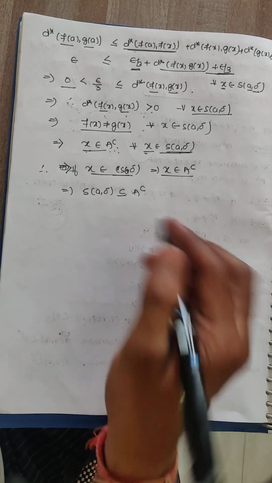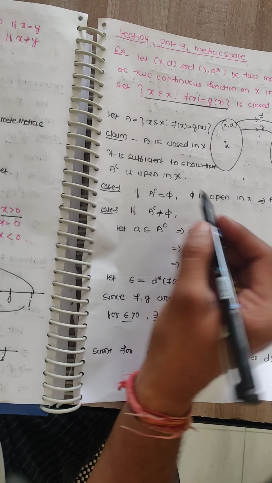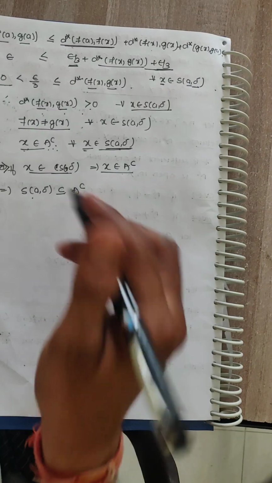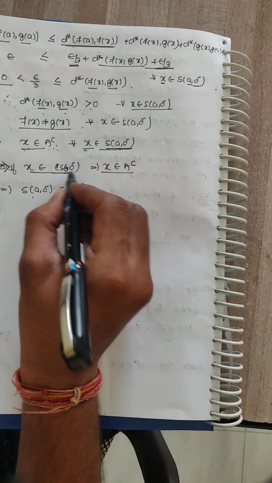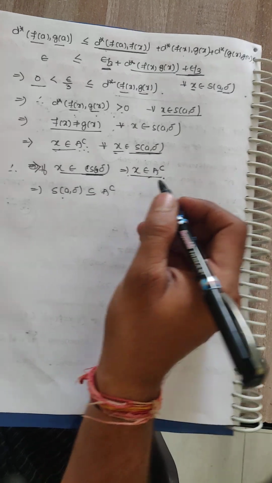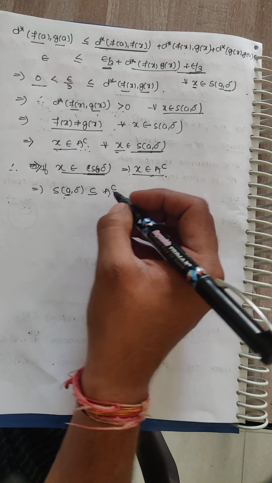So I have found a neighborhood of a, because I have taken a point in A complement. The thing to prove was that A complement is open. I took a point of A complement and looked for a neighborhood of a which lies inside A complement. When x belongs to this neighborhood, x belongs to A complement. That implies this neighborhood is a subset of A complement. So we have a neighborhood of a contained in A complement.